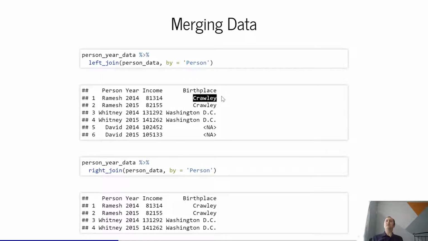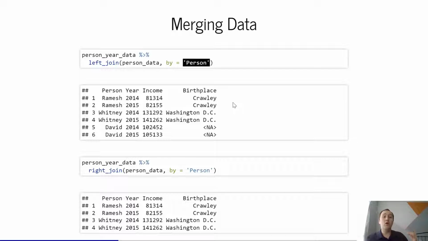What it typically tends to do is it just says both. And we'd end up with one row of Ramesh 2014 in Crawley and one row of Ramesh 2014 in London. And now suddenly we don't have our key variables working anymore. We've duplicated some values. So we want to make sure that whatever variable we are joining on, in this case person, uniquely identifies the observations in at least one of the data sets.